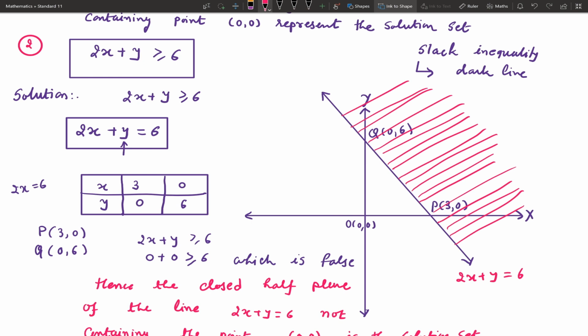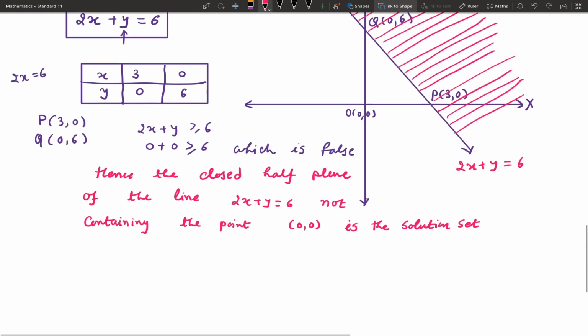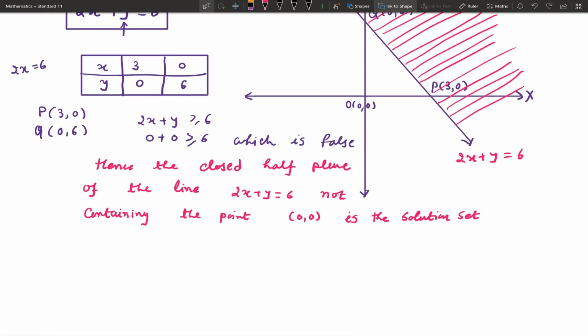Normally we select points on the axis, but it is not necessary that we always select points on the axis. For better accuracy of the graph, you can take 3 points to draw the line. Then in the last step, by the coordinates of the origin, you verify the inequality.